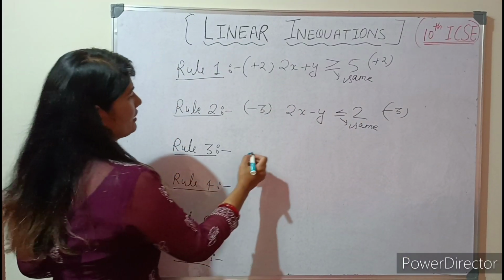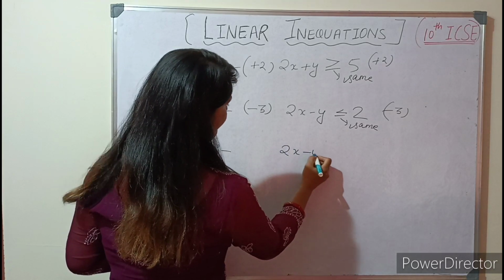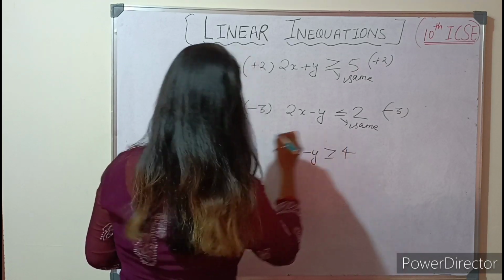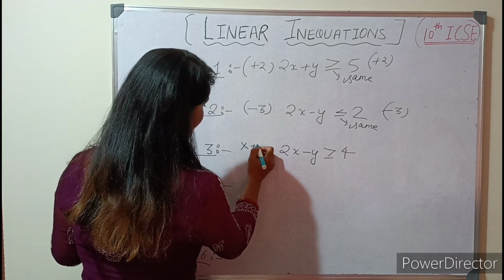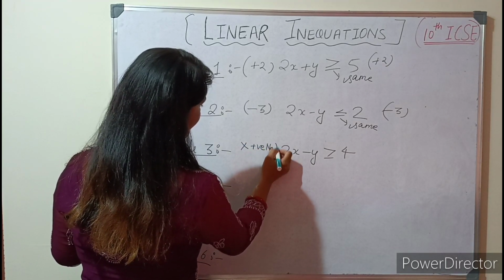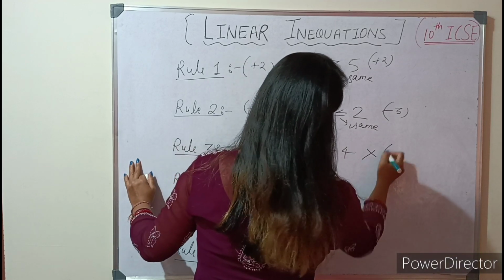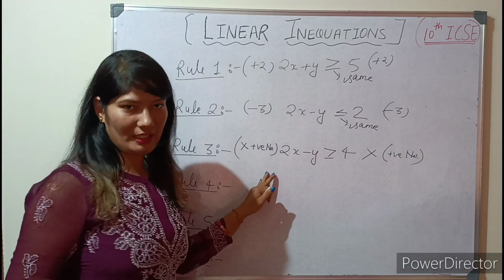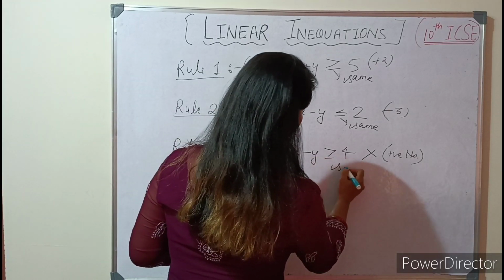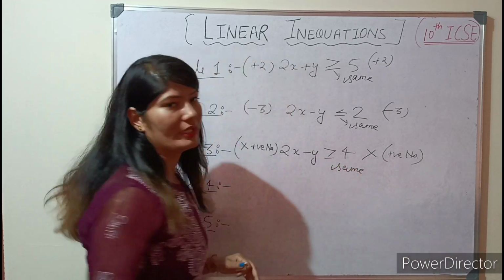Now rule number 3, if I write an equation, rule number 3 states that if you multiply both the sides by any positive number, again in this case the sign will remain the same. Right?